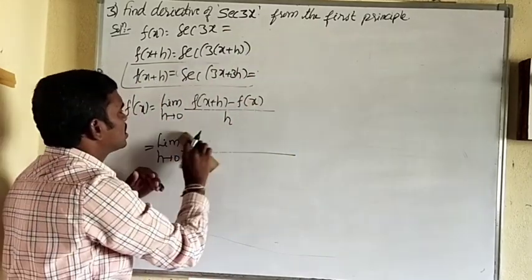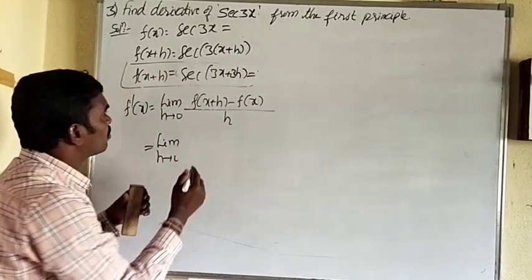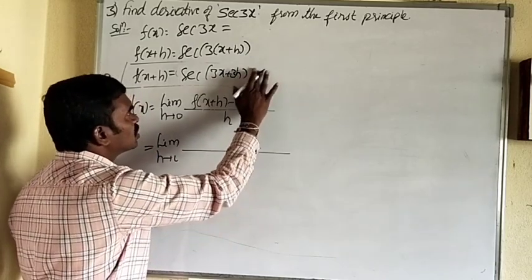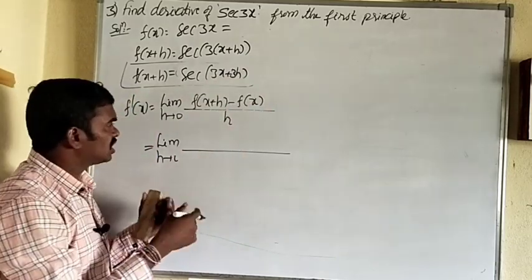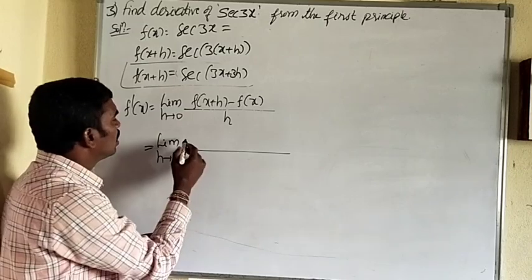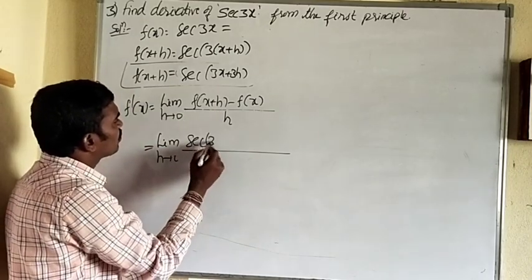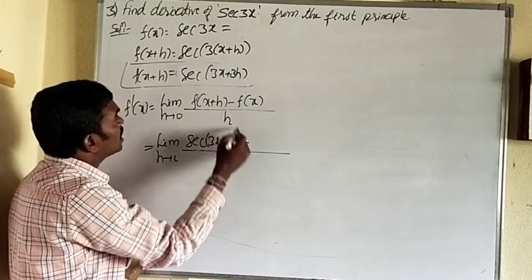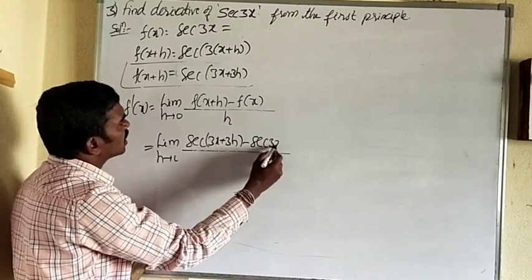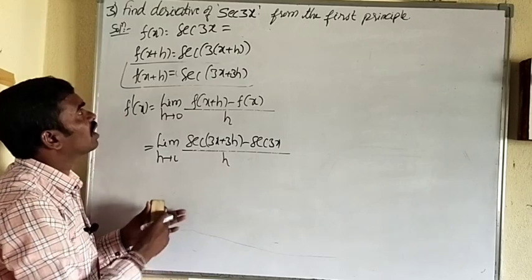Yes, we can keep them as they are. To avoid confusion, in the next step I will change. That is our convenience; however we do it, we can get the answer, no problem. f of x plus h is sec of 3x plus 3h, minus f of x, which is secant 3x, by h. So here we have to write one more step.